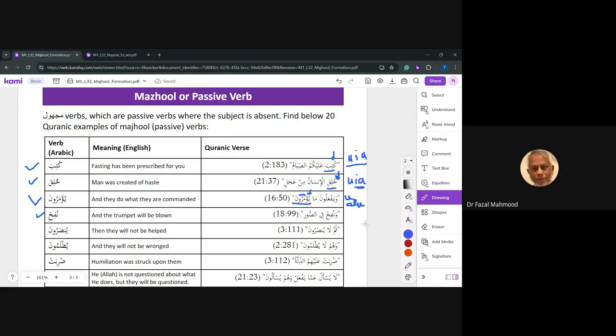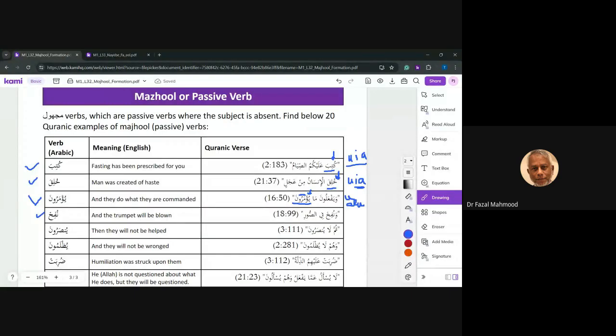So try to explain what Ustada just said. The pattern there, the sound. So yu'maru, what sound do you get here? The other one is Uia, Fu'ila, Madi Majhul.